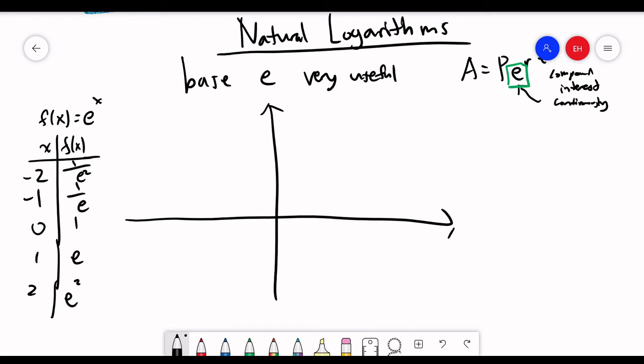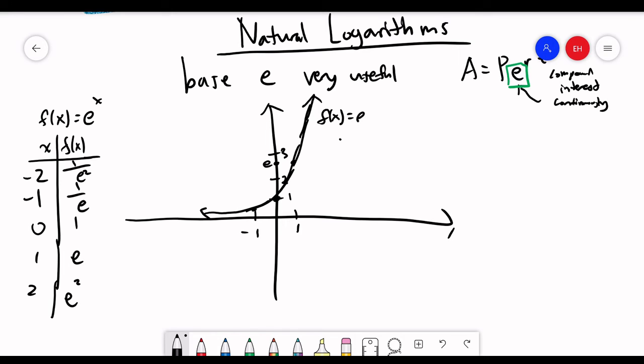We put those points on our graph: (0, 1), and (1, e), which, since e is 2.7, is between 2 and 3, closer to 3. And then at negative 1, I get 1 over e, which is about 1/3. Connect the dots, and there's my exponential function, f of x equals e to the x.